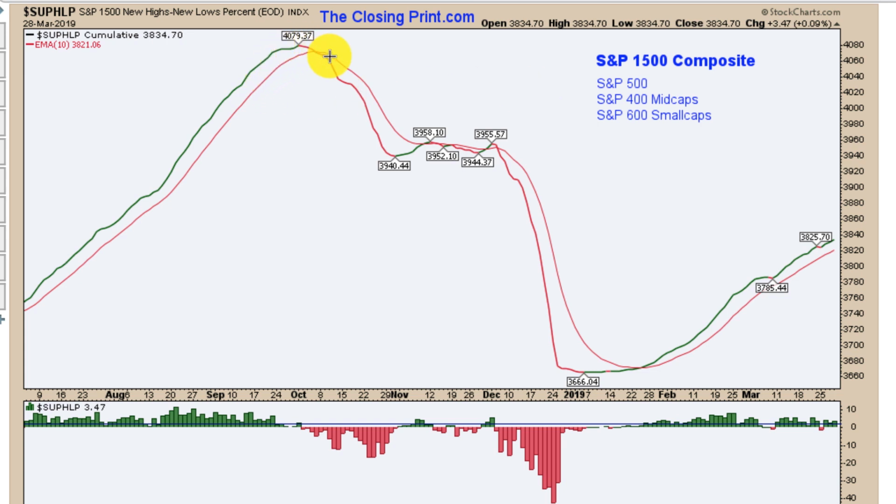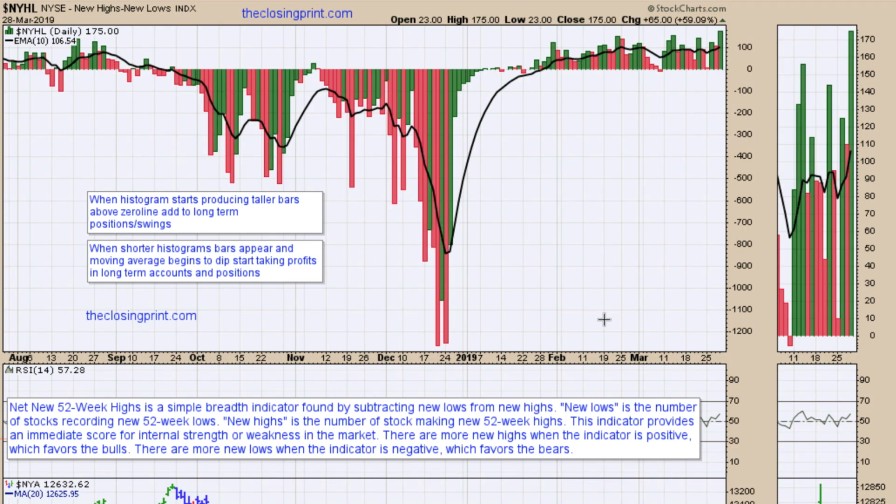This gives us a buy and sell indicator, which you can see in September you would have been out of your positions. You would have missed the down move in October through December. You would have got back in January on a buy signal, and you'd still be long at the present time, even though the markets are in a sideways range. This is confirmed using the histogram below the chart.